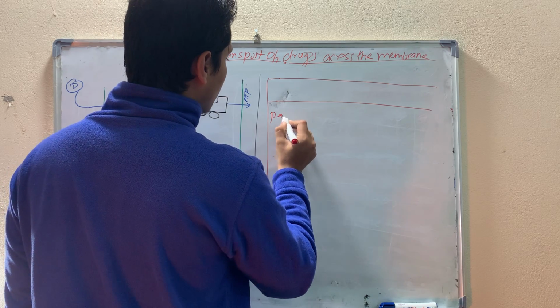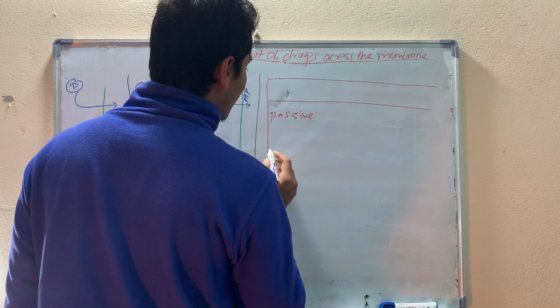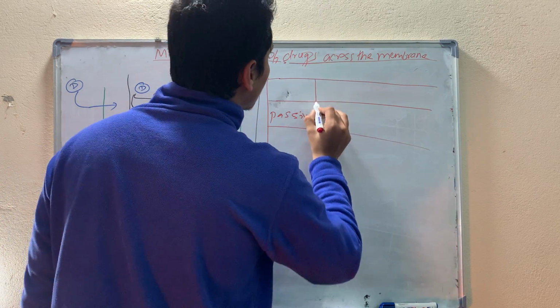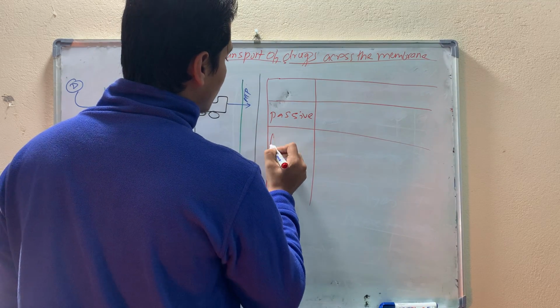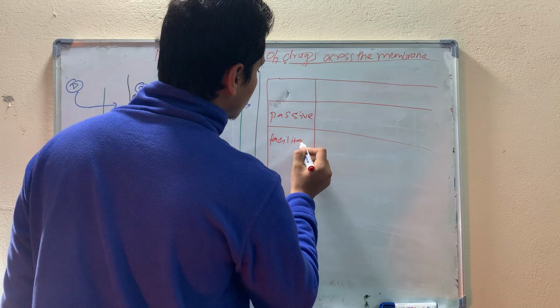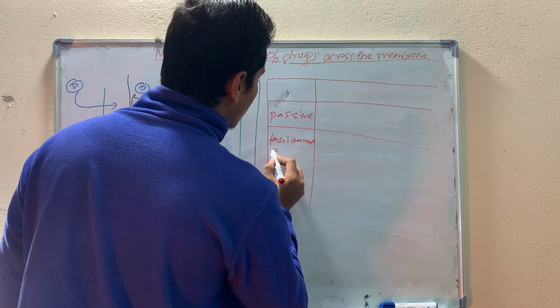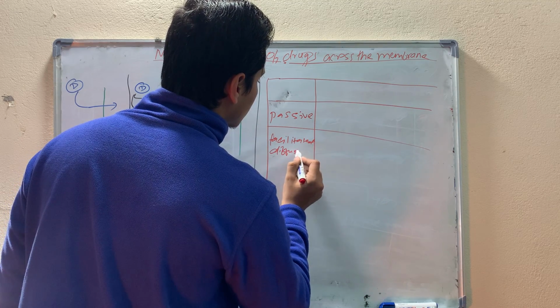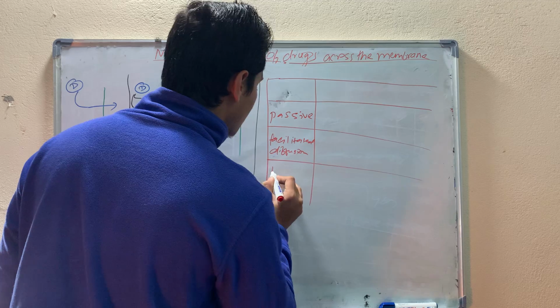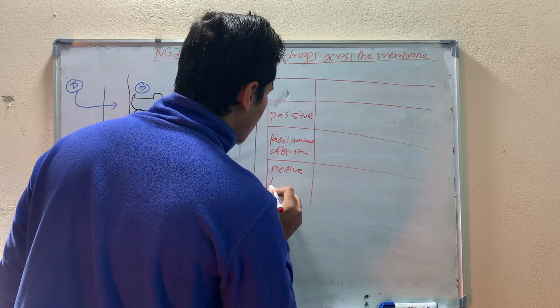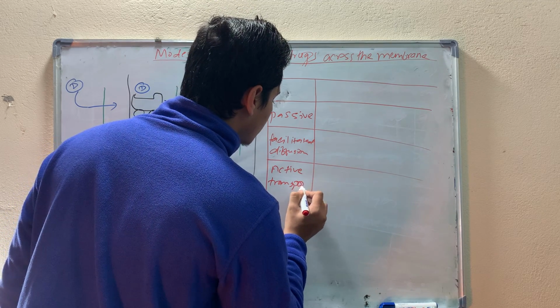Let me write the passive diffusion first. Passive and facilitated diffusion and active transport. And active transport, alright?